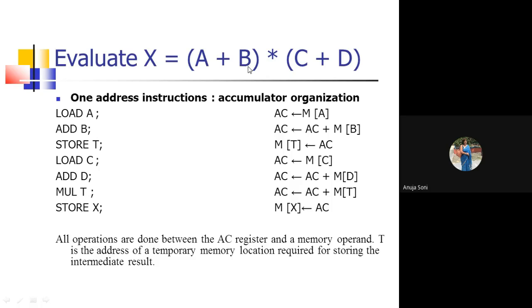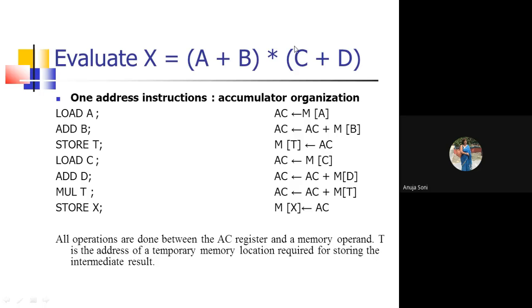Now we need to calculate C plus D. In a similar manner, we have to accomplish C plus D. Now what has to be done? This result of A and B is stored in the accumulator register, and the accumulator register further needs to be used in the subsequent instruction. So the data would be overwritten, but we don't want the data to be overwritten in the accumulator register, because this value of A plus B will be used at a later step, during the multiplication.